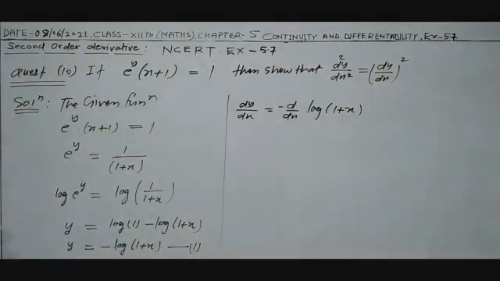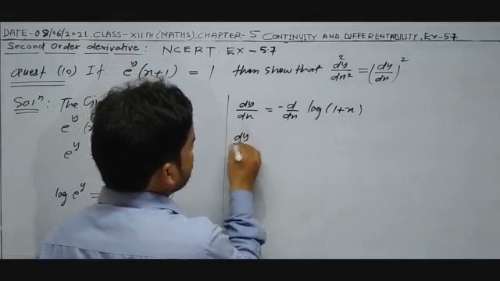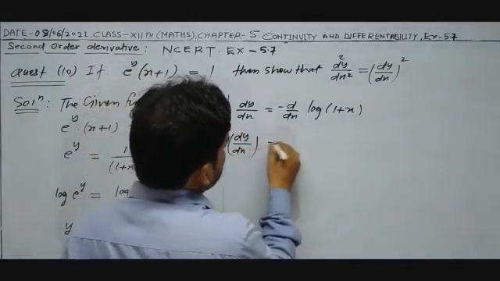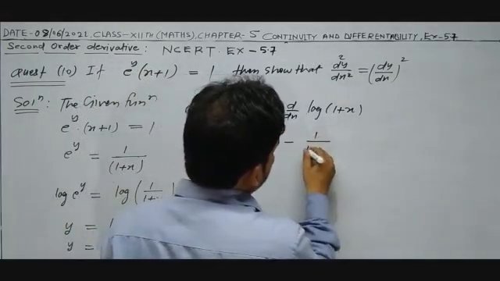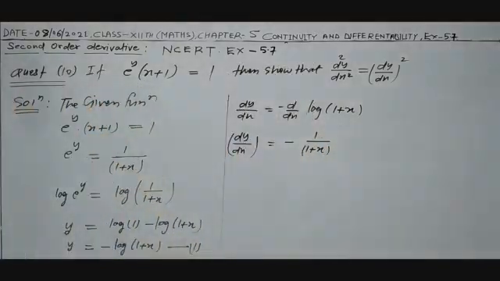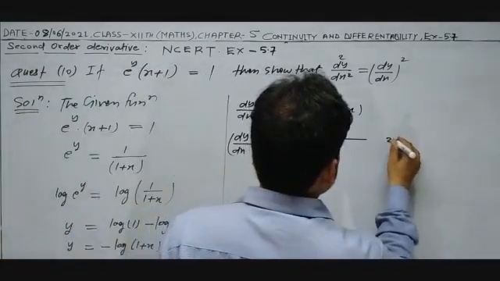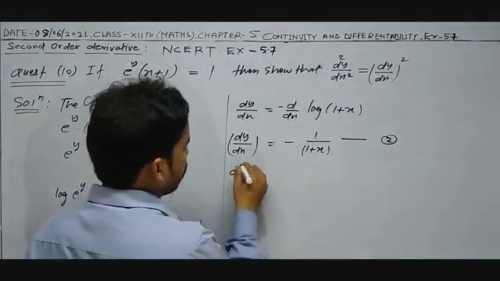This is our function. So you know the log derivative is 1 upon, so its result will be dy by dx is equal to minus 1 upon 1 plus x. This is the first derivative and we have to differentiate this function again. Consider this equation 2.